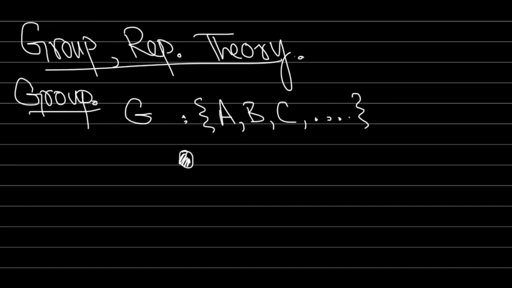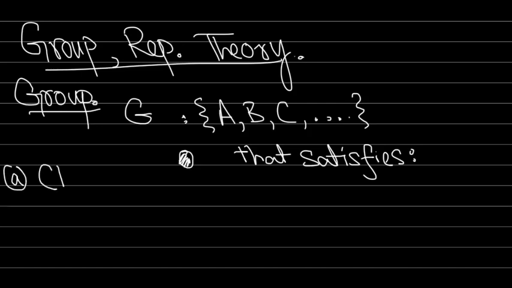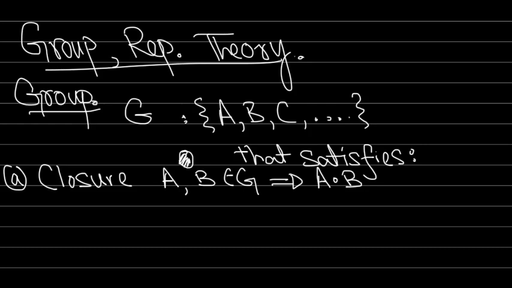And it has to satisfy some properties. First one is closure. So if you take some elements A, B that belong to the group G, and you take the composition of A and B, A composition B, that should also belong to the group G. That's when it satisfies closure, right?